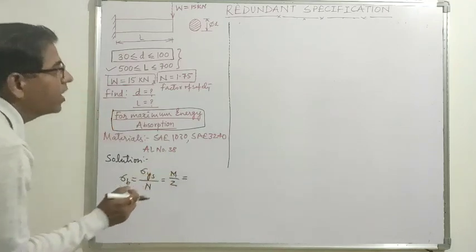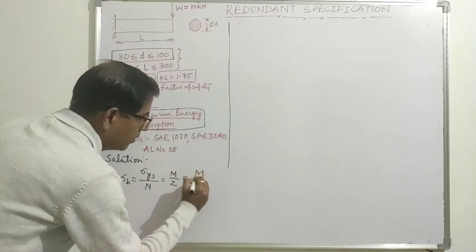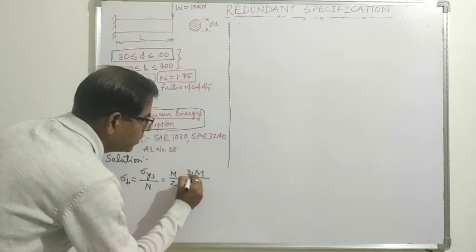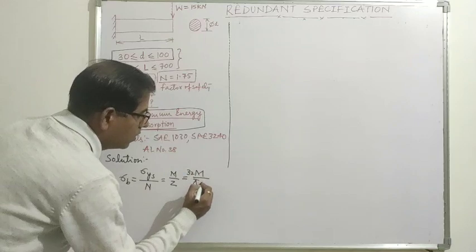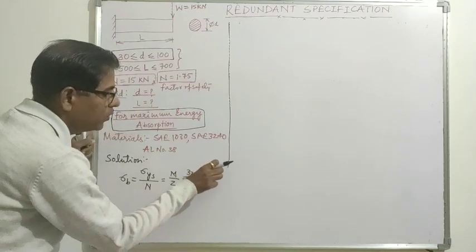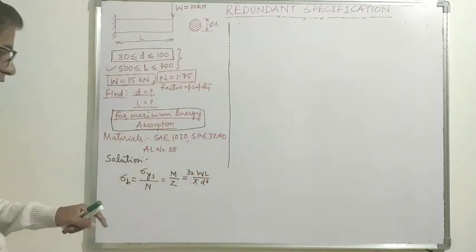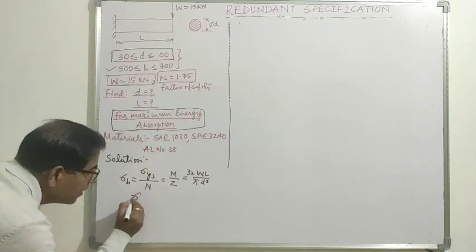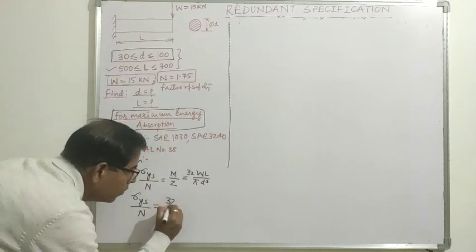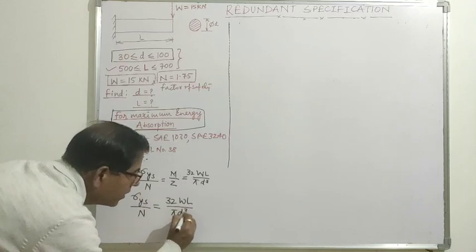M is nothing but W into L, and Z is pi by 32 d cubed. So sigma ys upon n is equal to 32 WL upon pi d cubed.